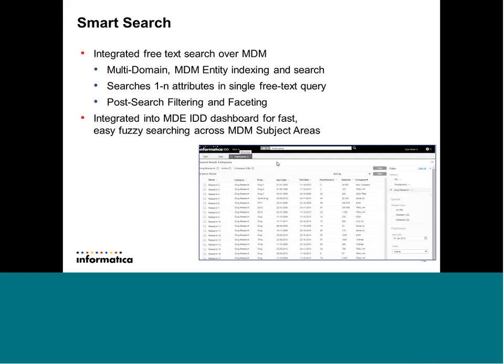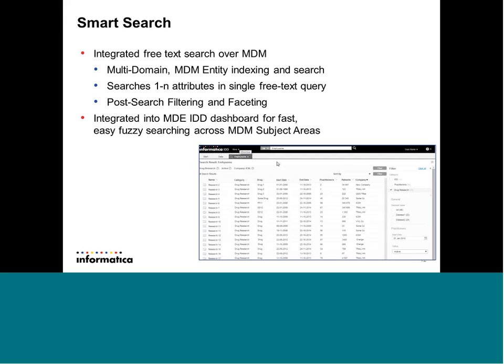The search engine is an instance of Apache Solr that we've packaged and deployed with the MDM process server in the same runtime. This provides high-performant indexing and search capabilities using that free text search paradigm presented to the user.